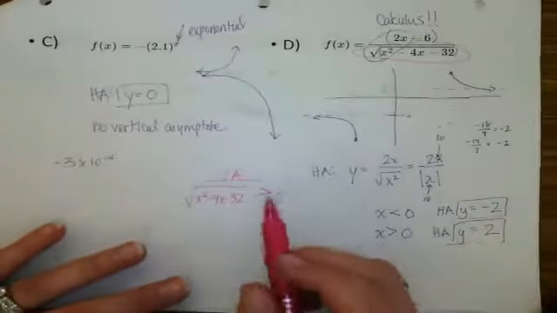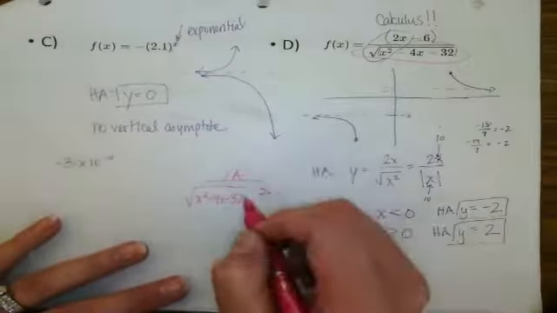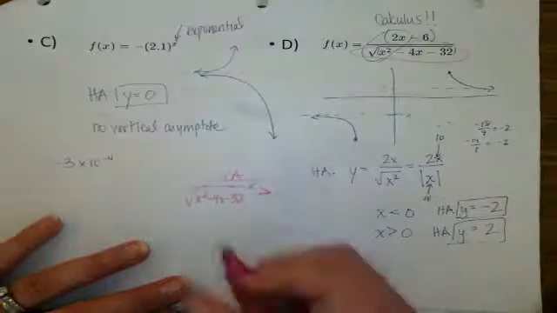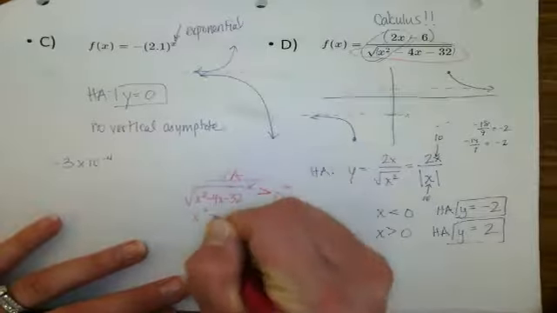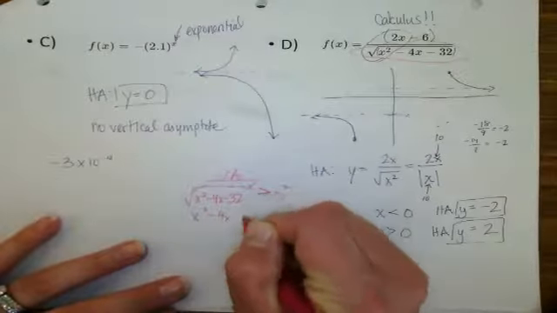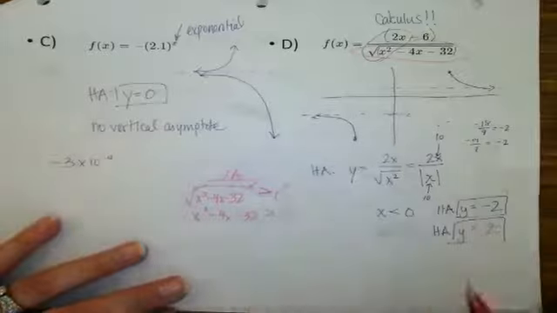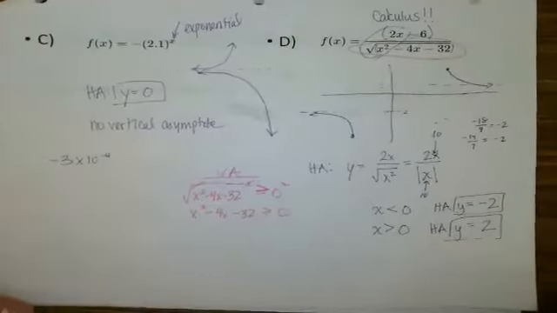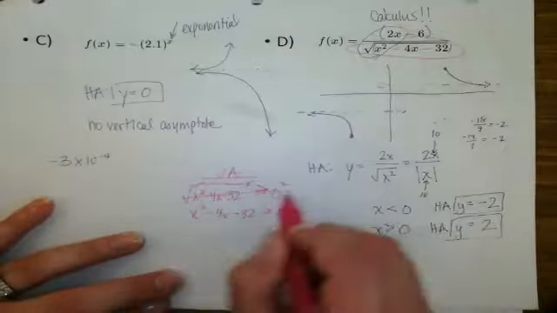So let's see. We would square both sides to cancel out the radical. So we have x squared minus 4x minus 32 has to be greater than or equal to 0. Nope, you know what? We don't have to do this.